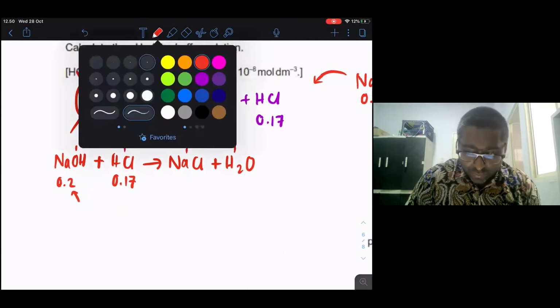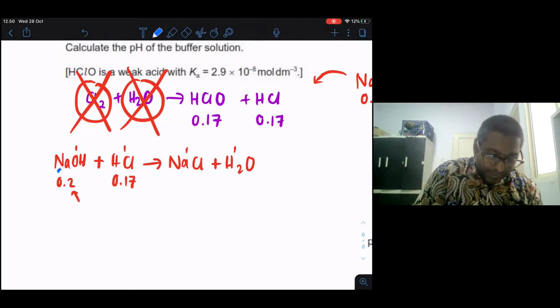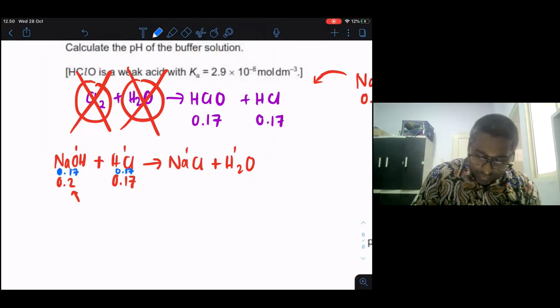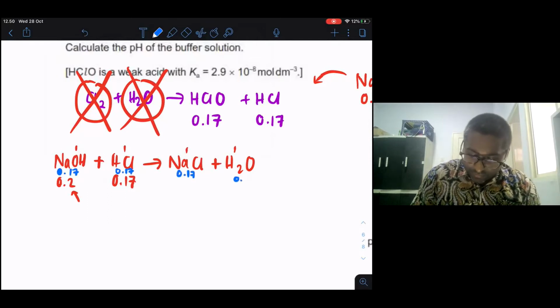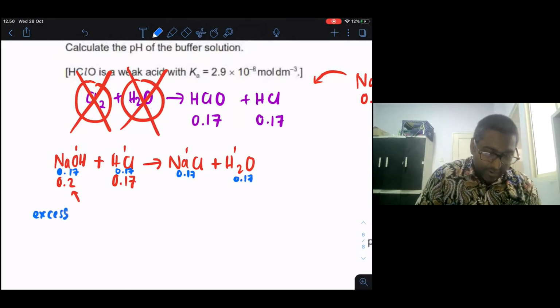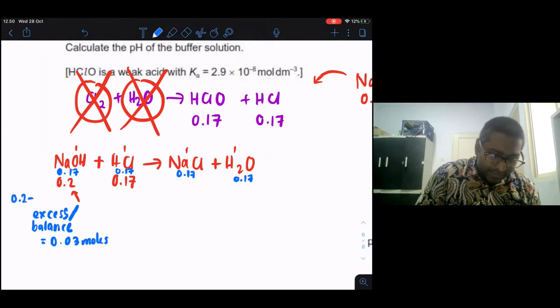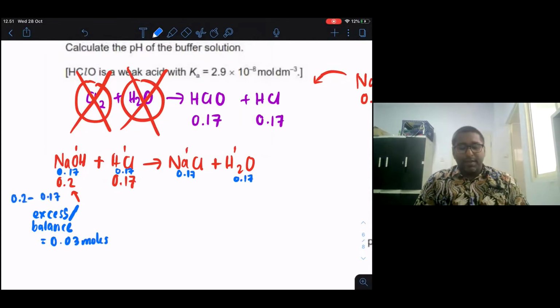To be exact, how many moles of sodium hydroxide will react? 0.17 will react with 0.17 to give you 0.17 and 0.17. So there is going to be an excess, or balance, of sodium hydroxide as much as 0.03 moles. How do I get 0.03 moles? Basically 0.2 minus 0.17. That's the extra sodium hydroxide.